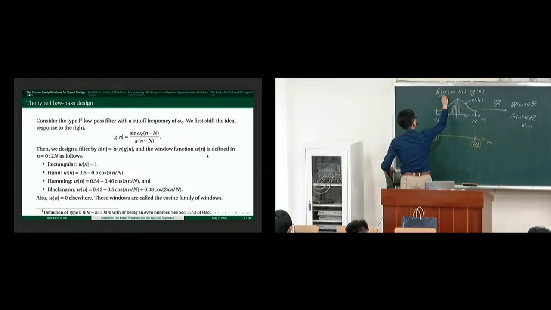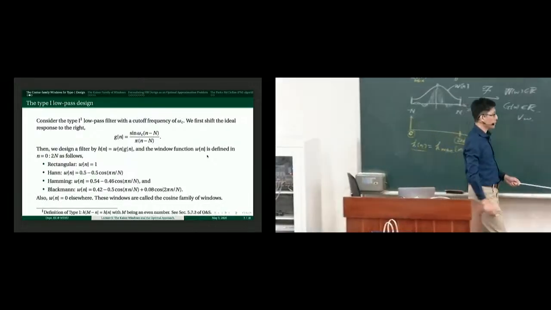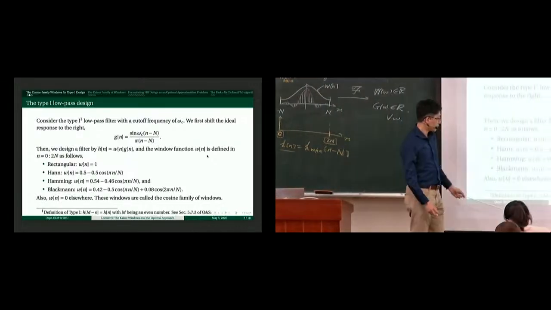Now, h of n equals h before, shifted to the right by N samples. Now h becomes causal. You can store all the coefficients in an array and start processing your signal using convolution, low pass filtering.